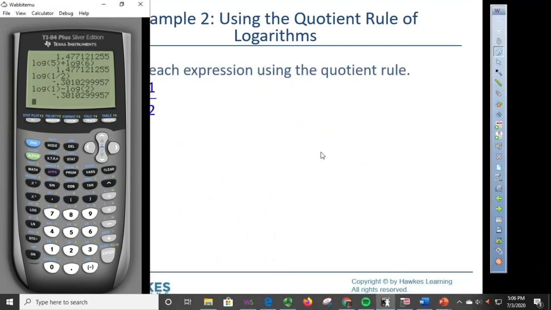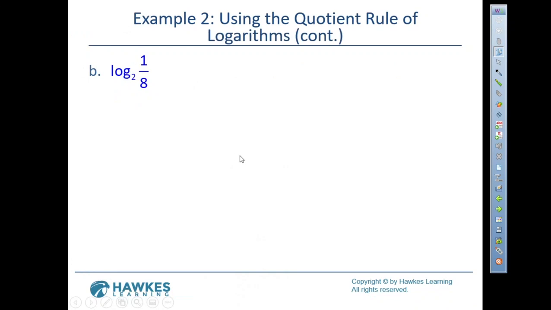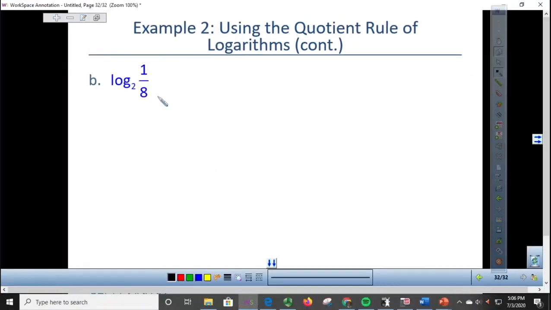Alright, so hopefully you're looking at these and saying to yourself, okay, these are not as tough as they're made out to be, right? So again, if I follow my quotient rule, I basically have log base 2 of 1 minus log base 2 of 8, where log base 2 of 1 is just 0.